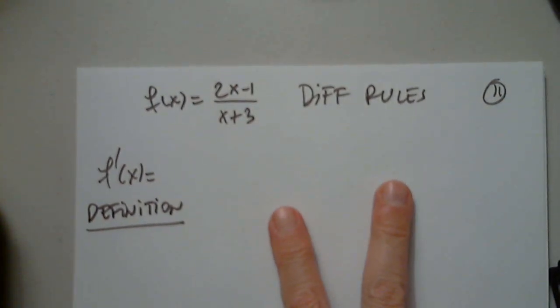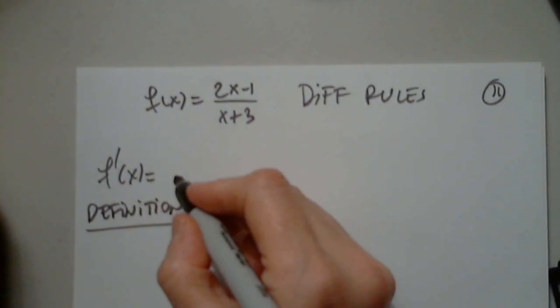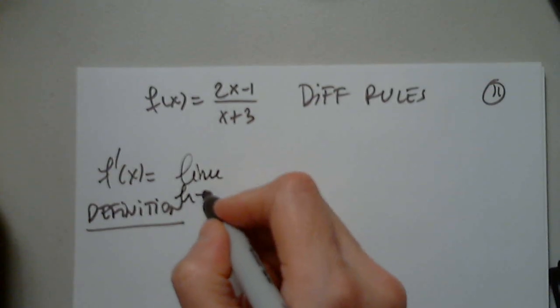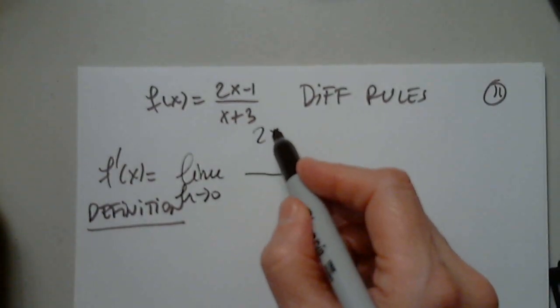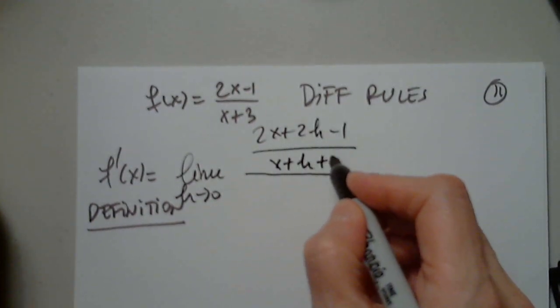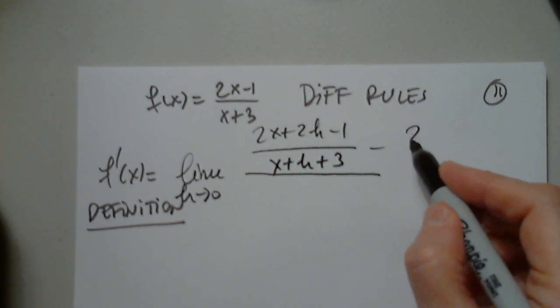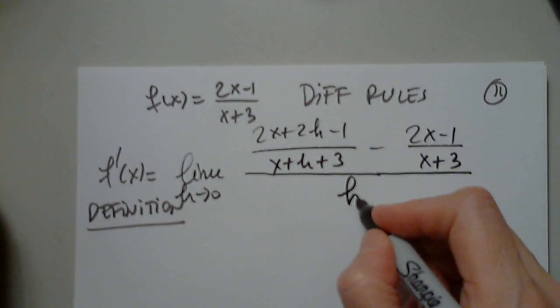It's two concepts put together. Yeah, it's the limit as h approaches 0 of the difference quotient: 2x plus 2h minus 1 over x plus h plus 3, minus 2x minus 1 over x plus 3, divided by h.